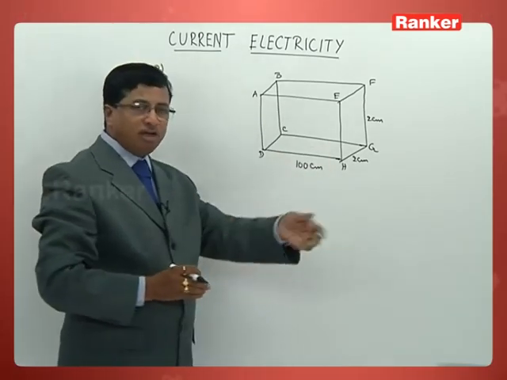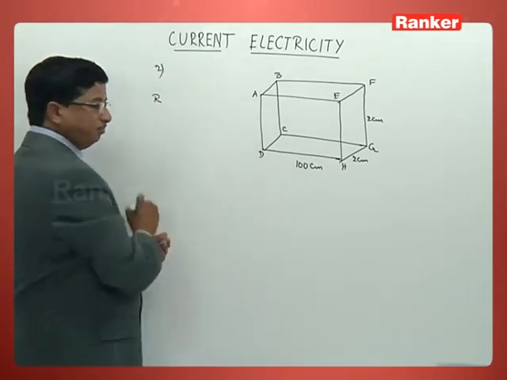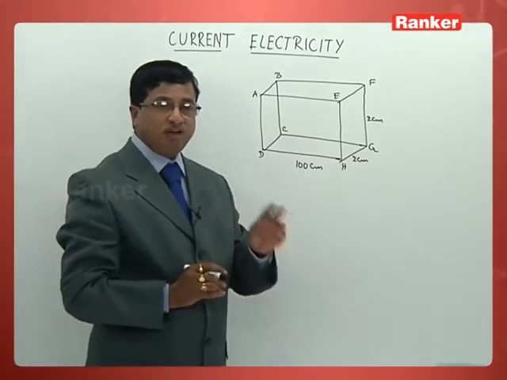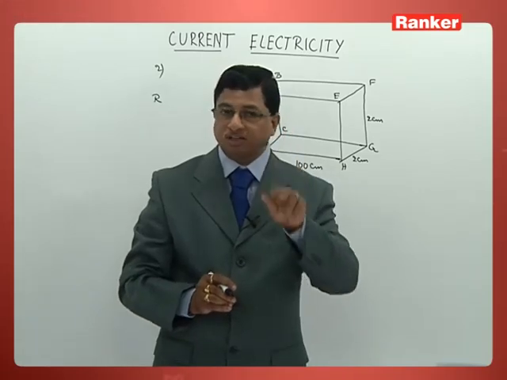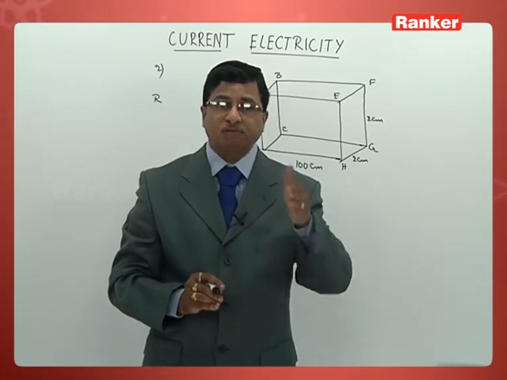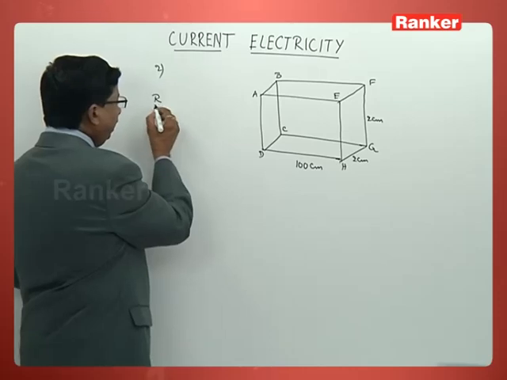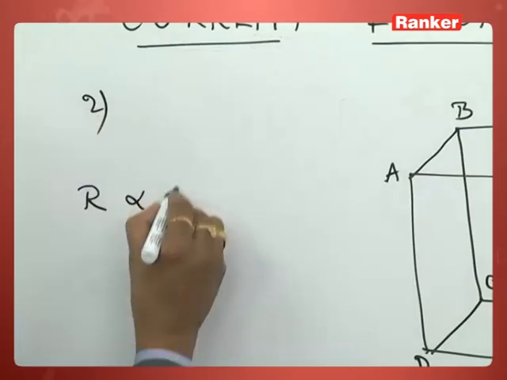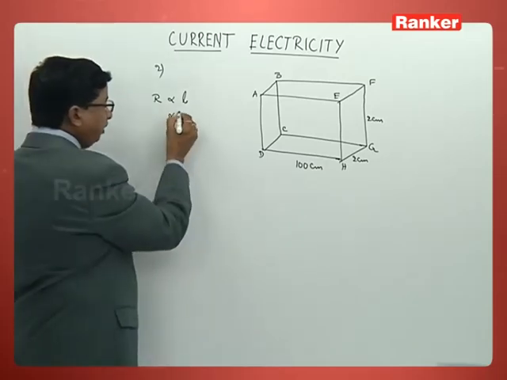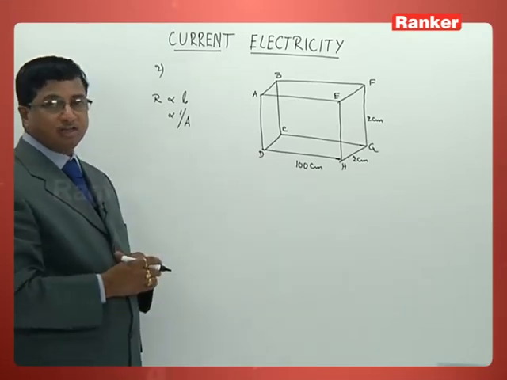Let me just remind you, first of all, resistance of any conductor, other than temperature, depends on two major factors, which we call the dimensions of that particular material. For example, resistance is proportional to the length of the conductor and inversely proportional to the area of cross section of the conductor.